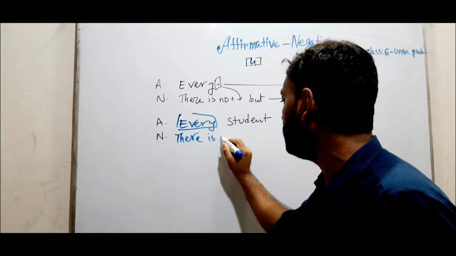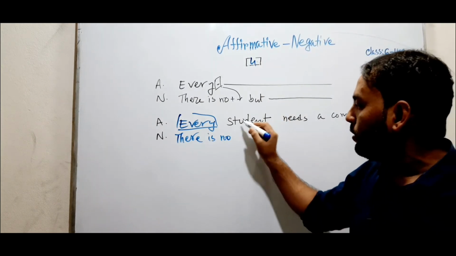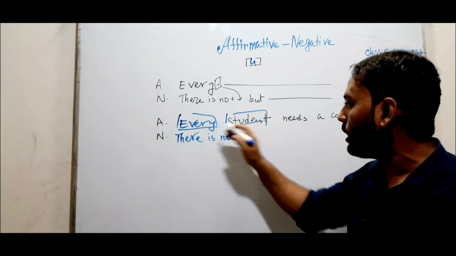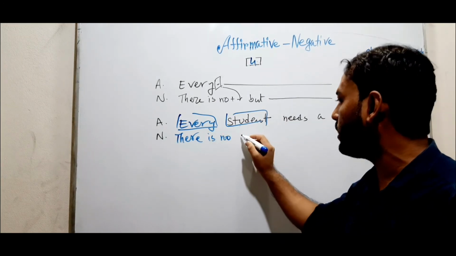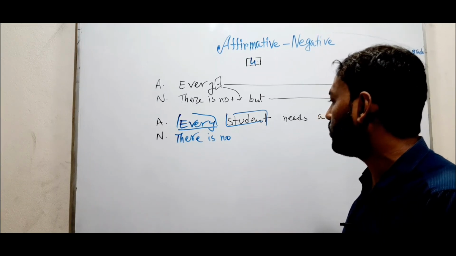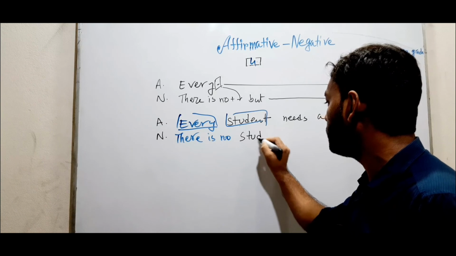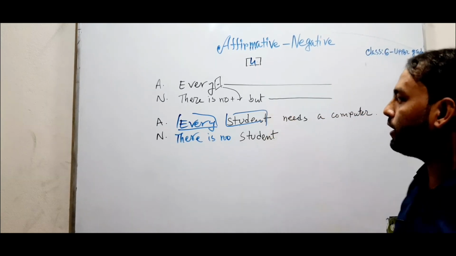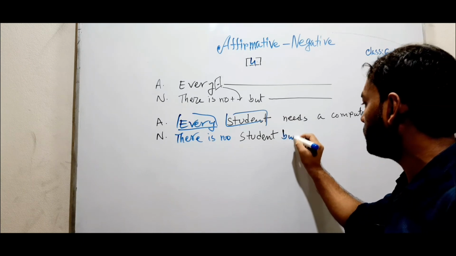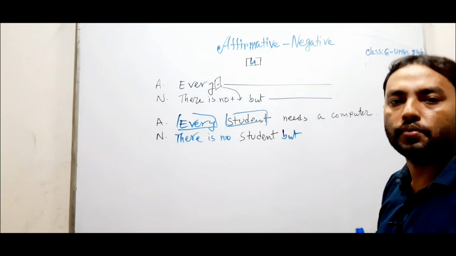There is no. Then we will have to write the word after every. Student is the word after every. We will write this word, student. And then we will write but, and we will write the rest of the sentence.